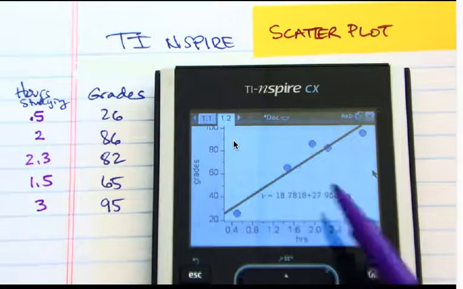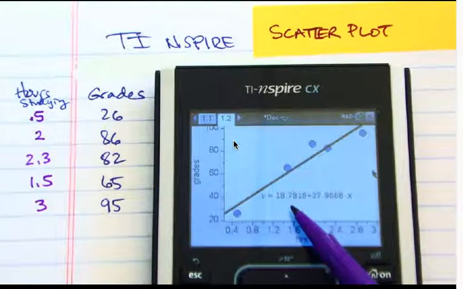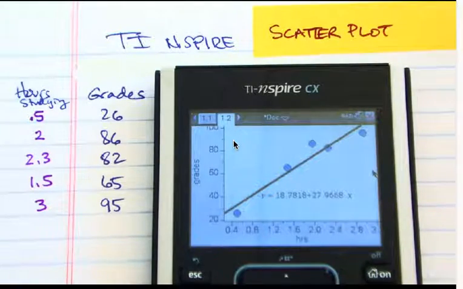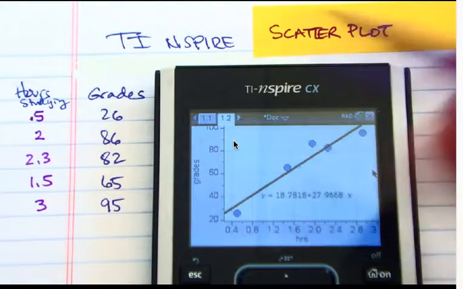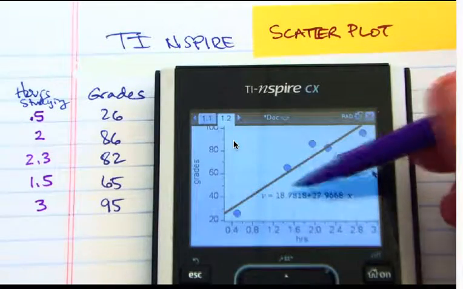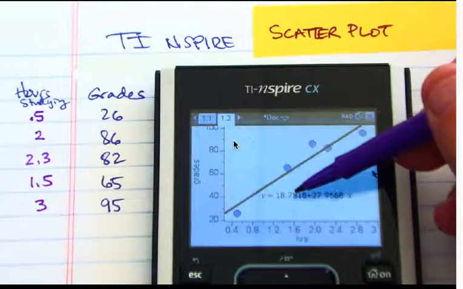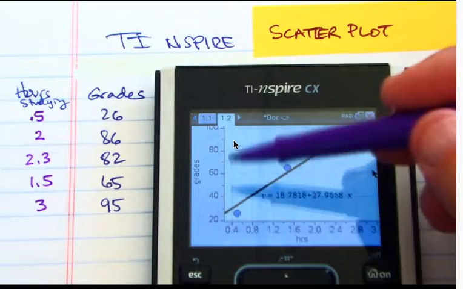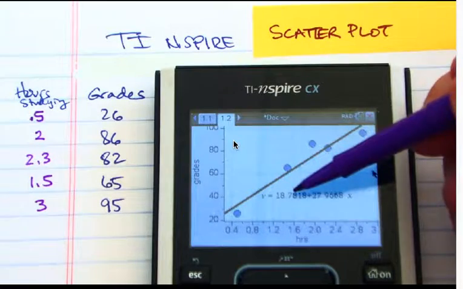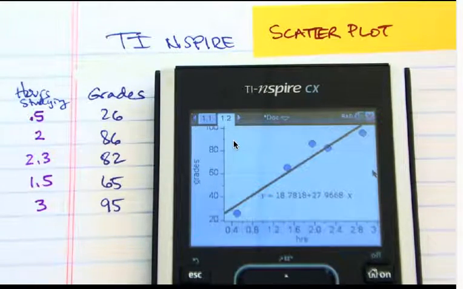So the equation of my line is y equals 18.78 plus 27.97x, and that indicates that if x is 0, then my y would be 18.78. So if I didn't study at all, 0 hours, my grade would be an 18.8. And some of you would say, I'm okay with that.